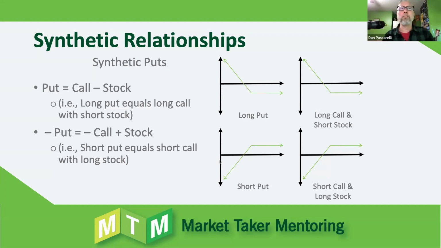Well, that ends up being exactly the same deal. We're going to make or lose the exact same amount of money. Now, I've talked to even a pretty experienced person recently who said, wait a minute, that's not true, because I don't lose money on the short put if it goes down, but I do lose money on the long stock.